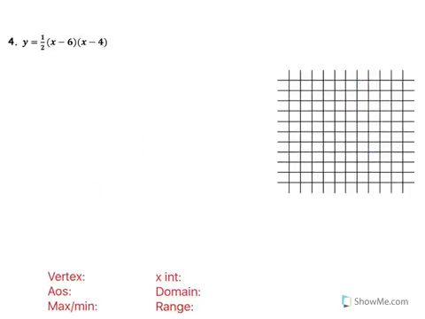Here are the ones that we won't have time to get to, but I'll explain it. A 1/2 doesn't make your life harder. All you do is, when you're trying to find your vertex, you add up the P and the Q. +6, +4.